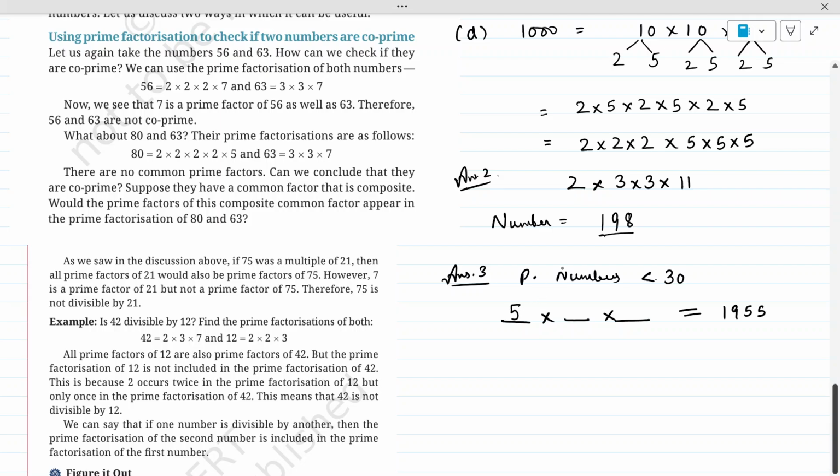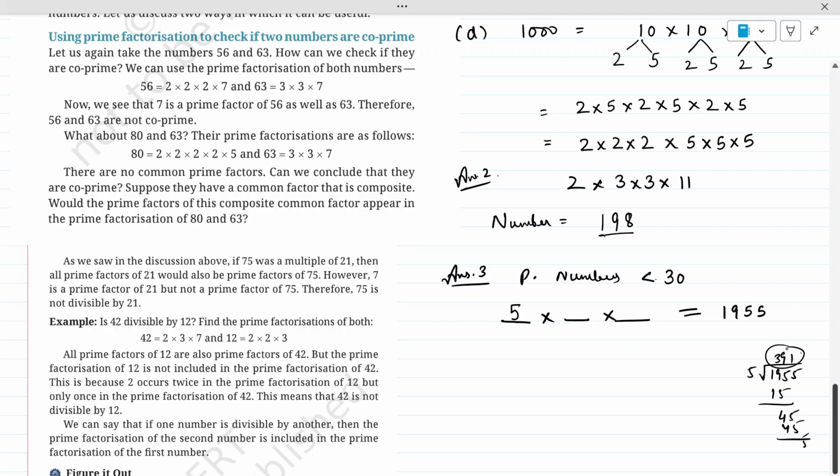So we have 5 here, and after using the 5, we are again left with a number. So let's see if I divide 1955 by 5, what I'll get. Okay, so I'm doing it here for you. Quickly we'll do. This is 5, 3, 15, 45, 9 and 1. Okay, this will give me 391 as the product.